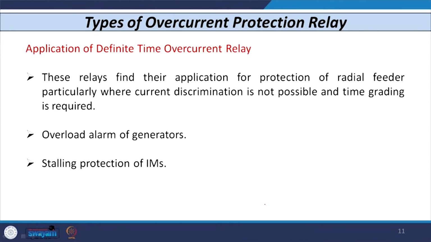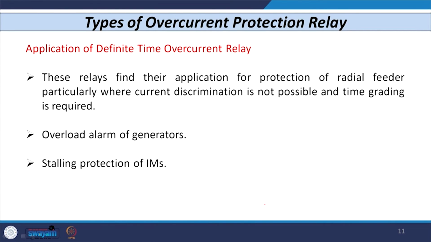What is the application of definite minimum time over current relay? These relays find their application in the protection of radial feeder, where current discrimination normally is not possible and you have to use some other type of discrimination, that is time discrimination. Sometimes this type of relay is also used for giving overload alarm of generators or induction motors.